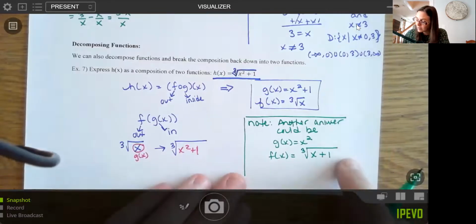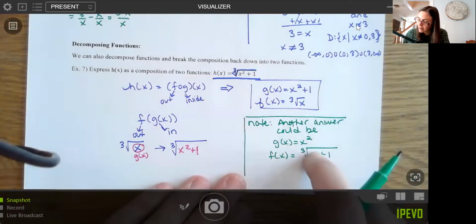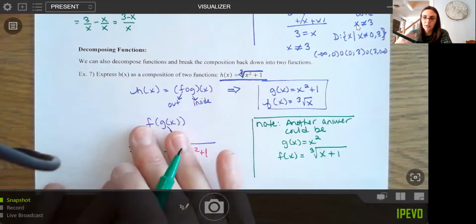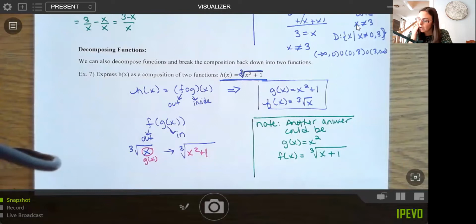So in this case, you're plugging x squared in for x to get that final result. This is not an obvious one, so I would go with the obvious answer first when you're answering questions and homework and things like that. Whatever is inside something, make that your inside function. But there could be more than one answer. So it's just something to watch out for as you're decomposing functions.